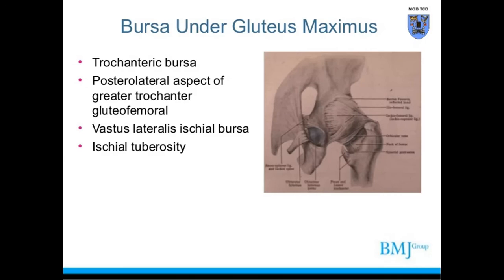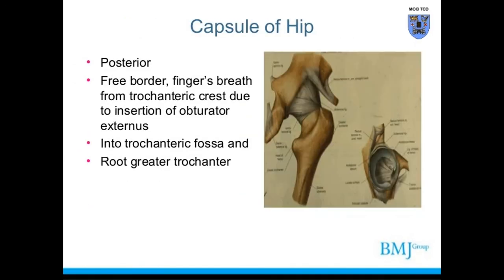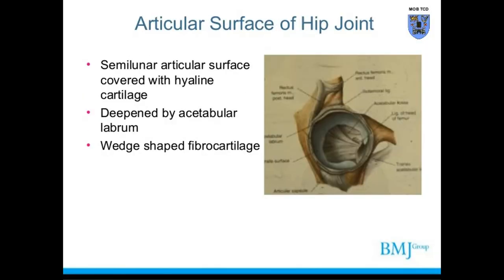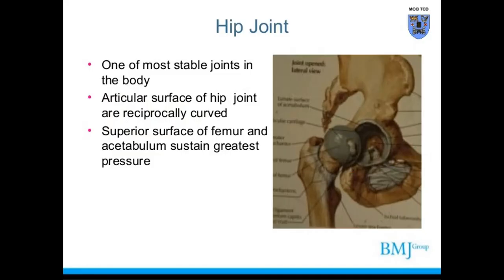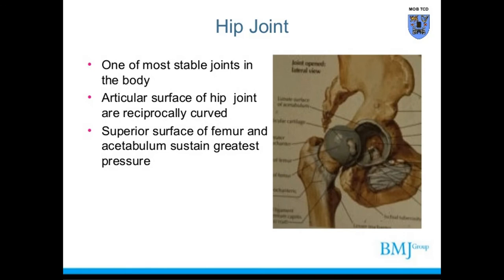We have seen the blood supply. Again, I will repeat from the very first slide what we have learned. The hip joint is a ball and socket synovial joint, multiaxial, with free movement. It is a stable joint due to the ligaments and the shape of the joint.